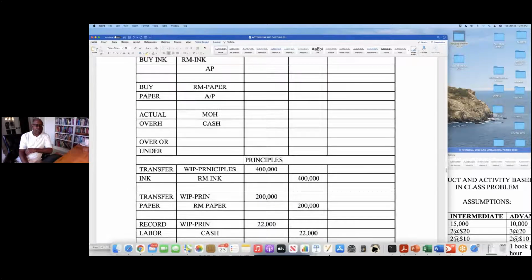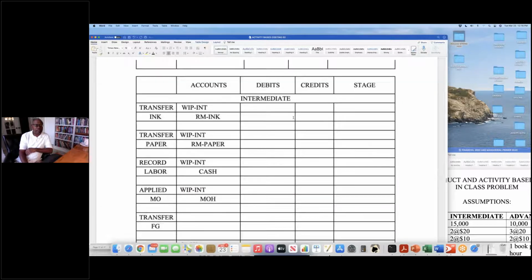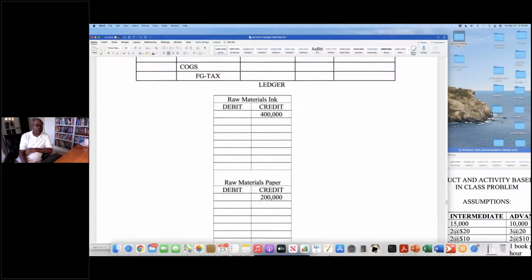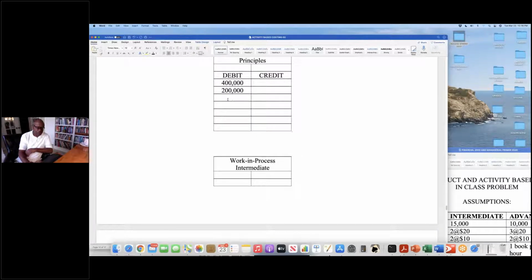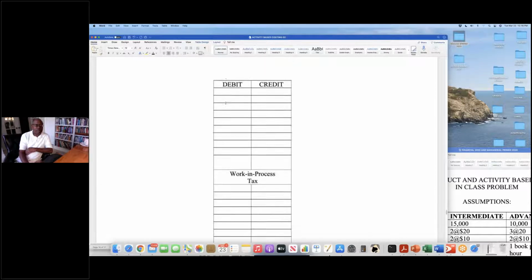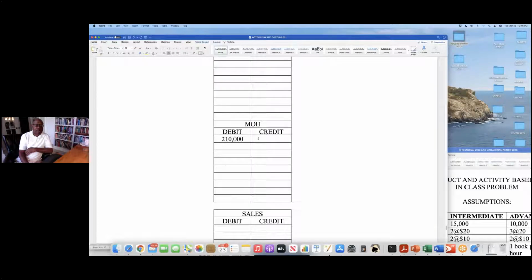So that's 17,600. So now, in the work in process account, you add your 22,000, your 17,600. You come down here to overhead and put in a credit for 17,600, and each book will be doing this.